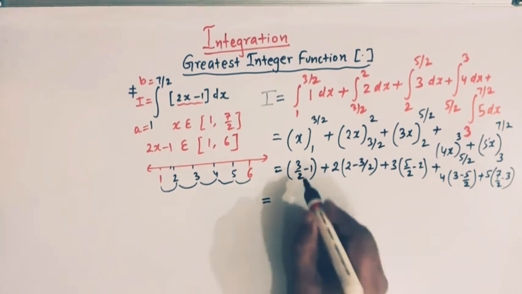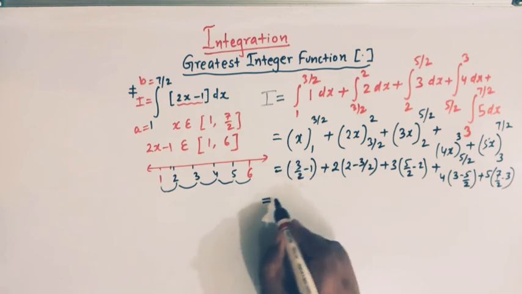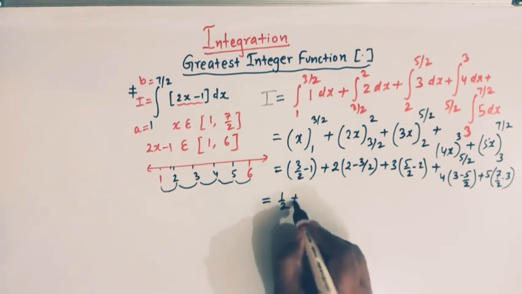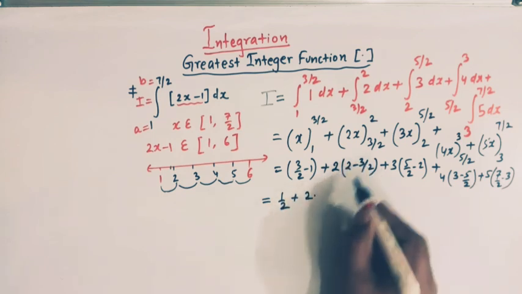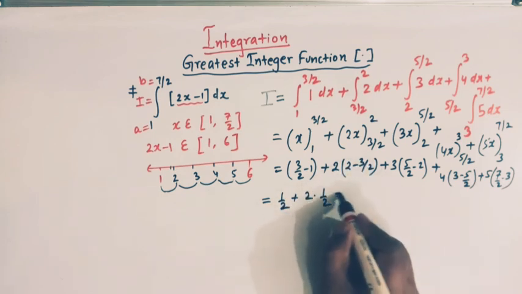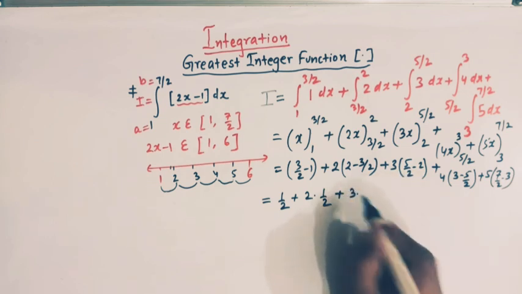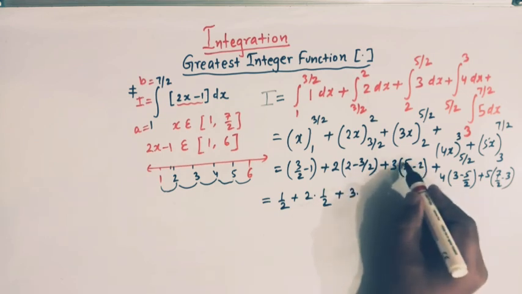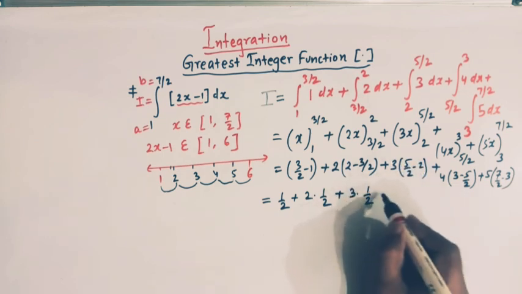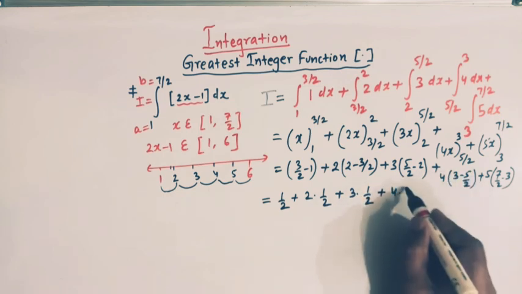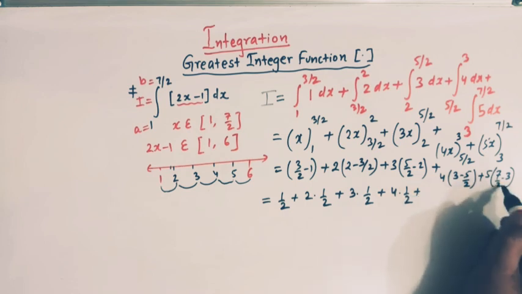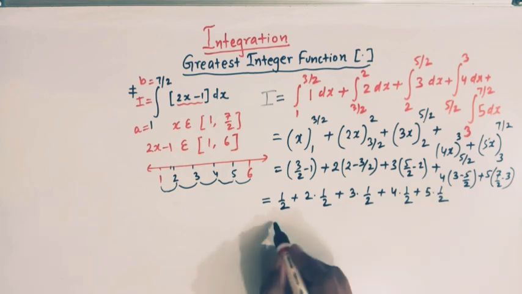Now 3 by 2 minus 1 is half, and here we have 2 times, this is 4 minus 3, that is half. Then here we have 3 times 5 minus 4, that is half, and here we have 4 times 6 minus 5, half, and here we have 5 times 7 minus 6, that is half, right?